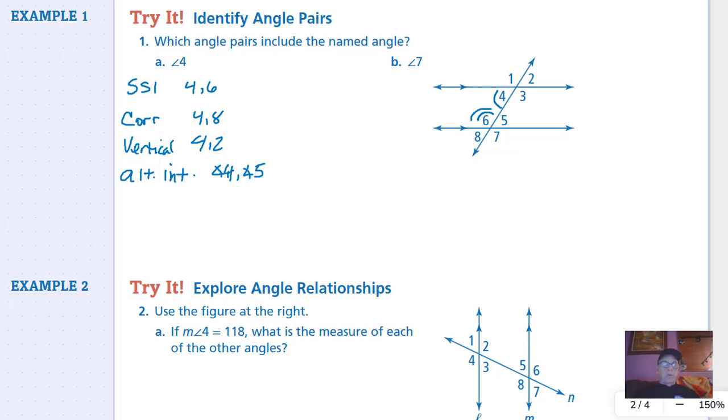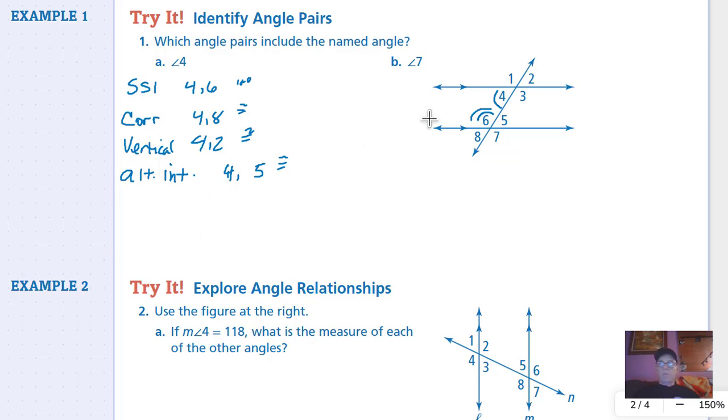So the difference: same side interior, these are going to be supplementary. They have to add to 180. These are going to be congruent. Vertical angles are going to be congruent. Alternate interior angles are going to be congruent.